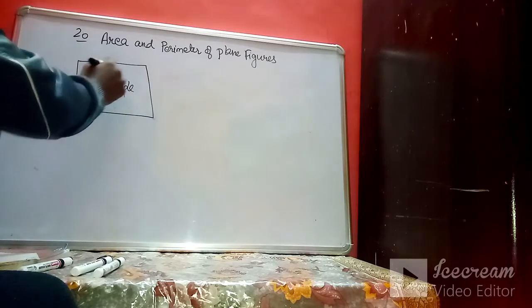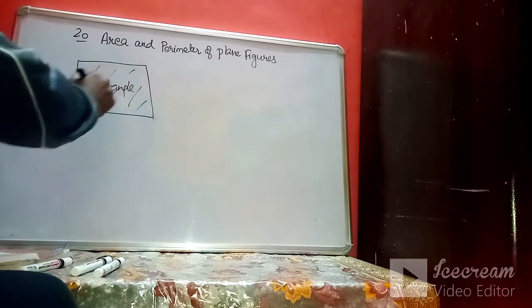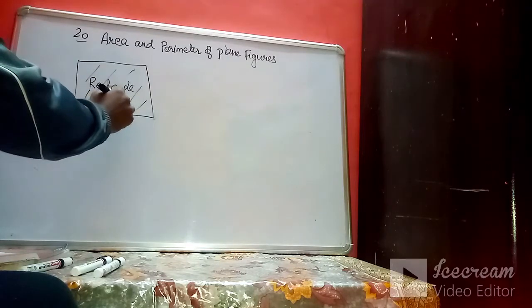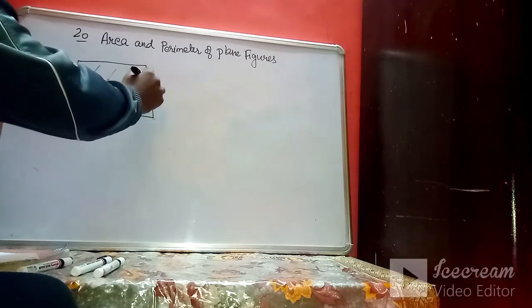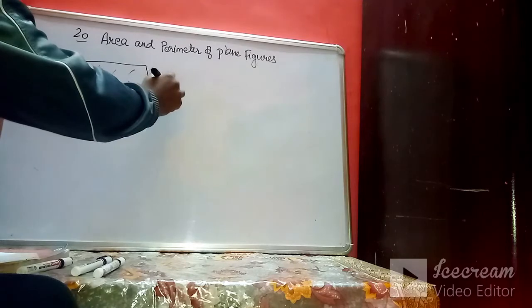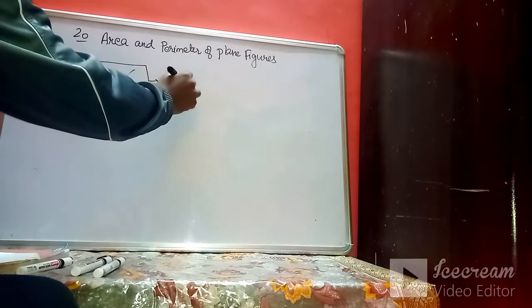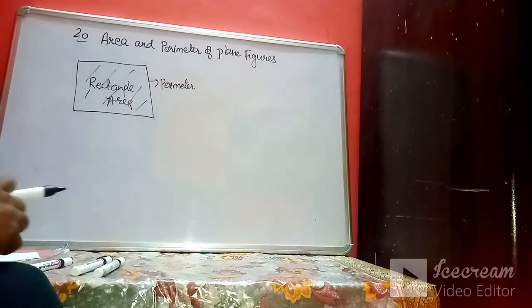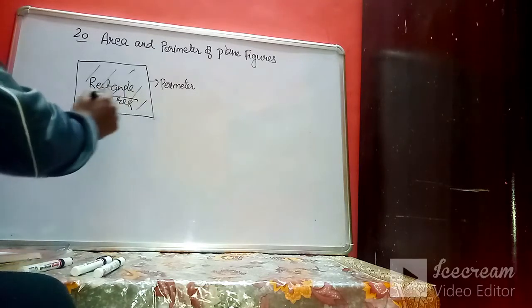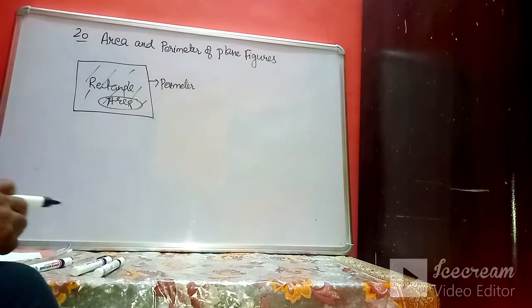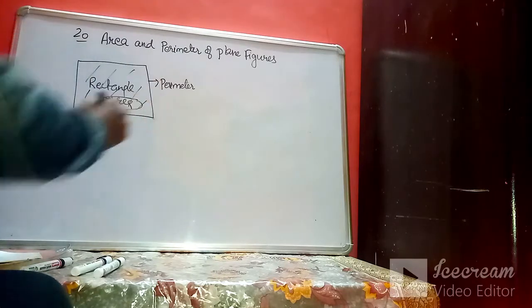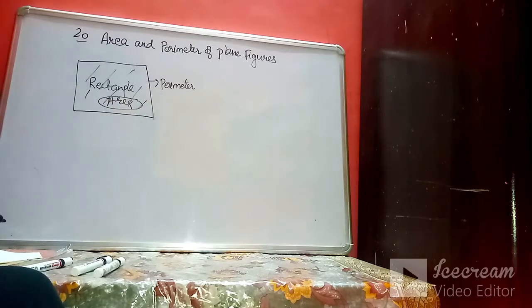This surface enclosed within the boundary is known as the area, and this boundary is known as the perimeter. Okay. So this is the meaning of area and perimeter. A perimeter is the length of its boundary, the sum of all the sides, and area is the measure of the surface enclosed by its boundary.